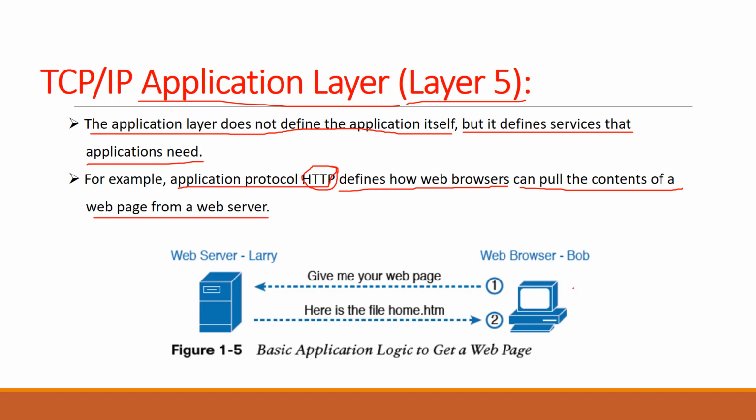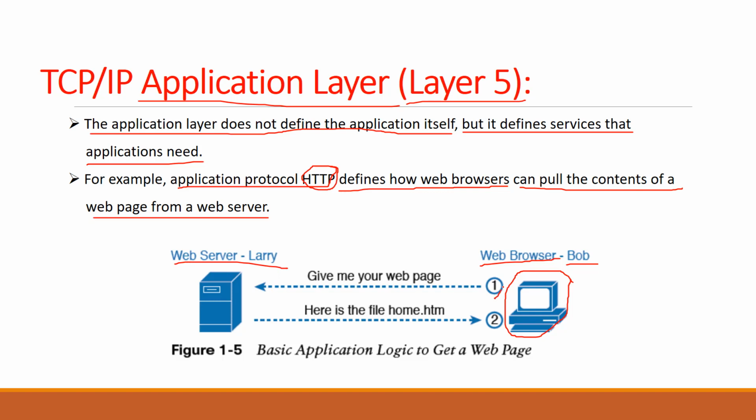Let's assume that we have here a PC or a laptop that has a web browser and Bob is using it, and this computer is trying to browse the contents of a website, or of a web server, called Larry.